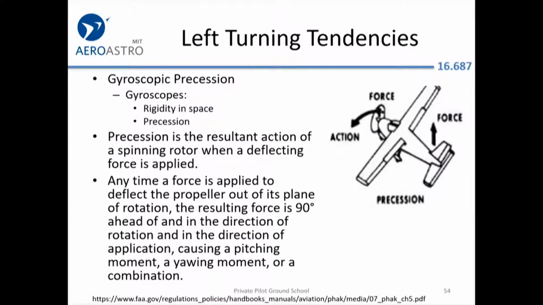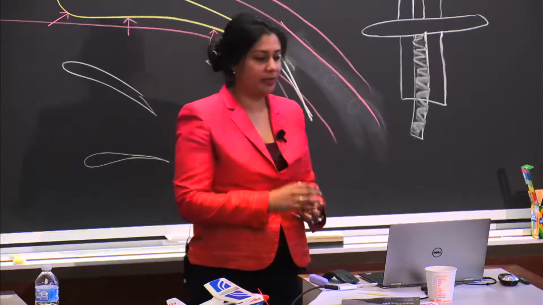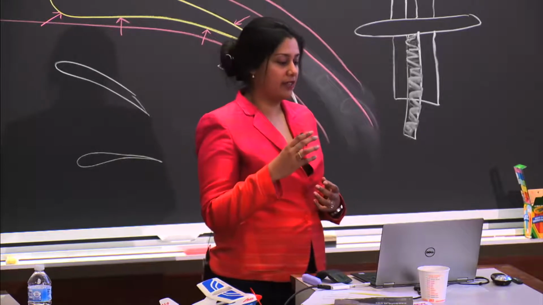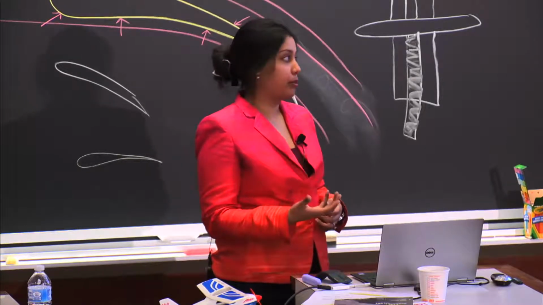It's a little bit complicated if you're not familiar with a gyroscope, but when Philip talks to you about all the different controls in your airplane, you'll have to learn about gyroscopes all over again in a little bit. But in general, what do you need to know about a gyroscope? A gyroscope is something you can hold, it's spinning, you can play with them. What they allow you to do is have rigidity in space, and they also have this concept of precession.